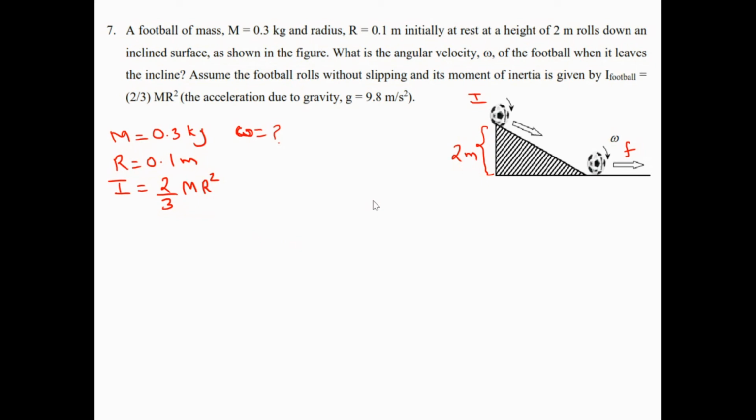Here we have potential energy, translational kinetic energy, as well as rotational kinetic energy, because the topic is related to rotation. So potential energy initial plus kinetic energy initial for the translational motion plus kinetic energy initial for the rotational motion is equal to the potential energy final plus kinetic energy final for the translational motion, and then kinetic energy final for the rotational motion. Clear?